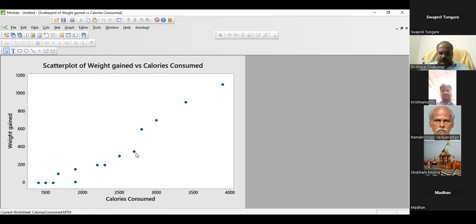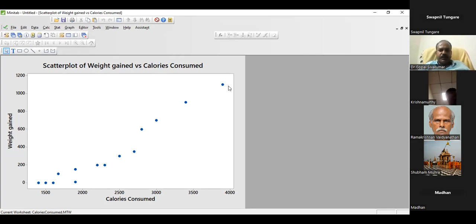So now looking at the dots, can you tell me what these dots represent? There is a direct relationship. Positive relationship. Okay, very good. Positive relationship, which means by the increase in calorie consumption, you will increase your weight also.